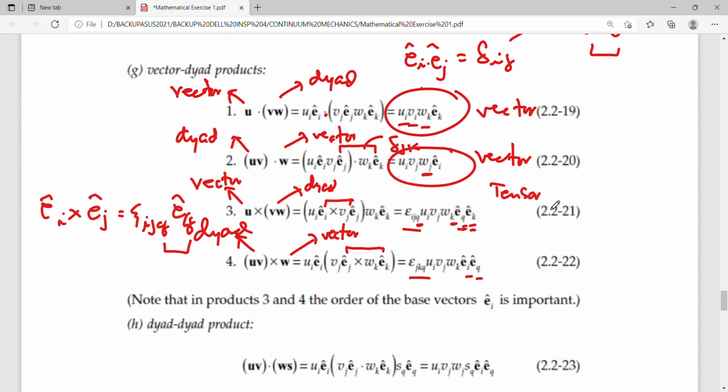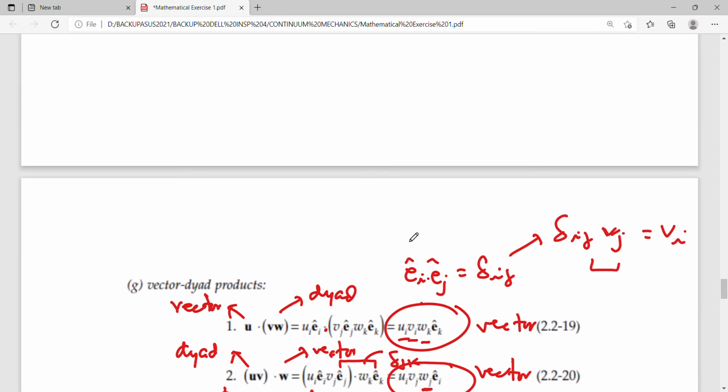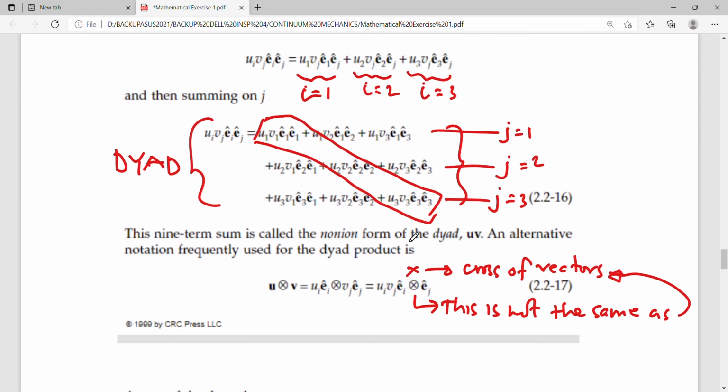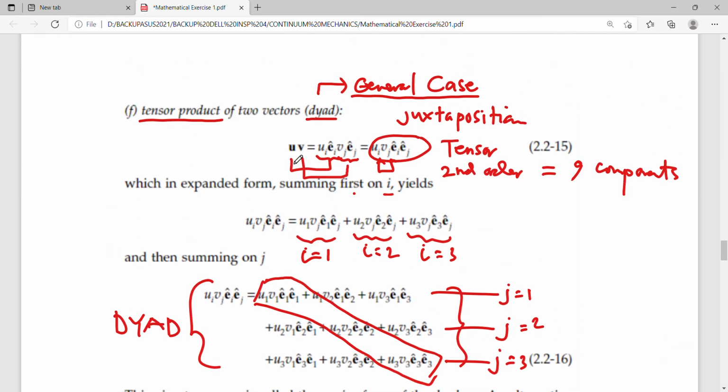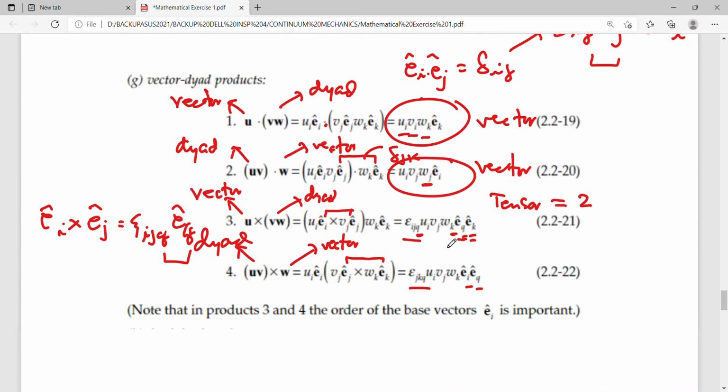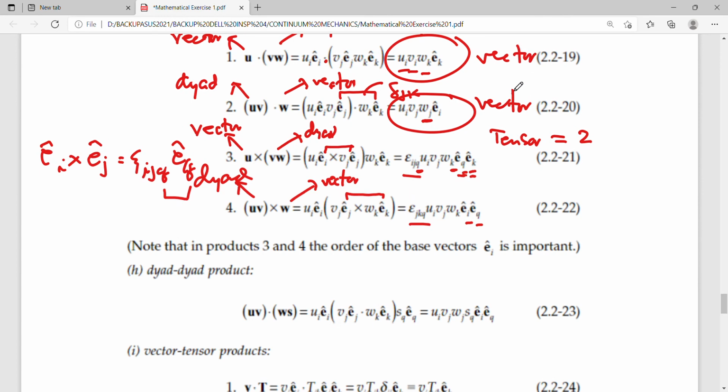If you are looking into the order of the tensor, this is a tensor of order 2. Okay? But again, you cannot call this a tensor because as defined here, a UV with two directions, okay, is simply referred to as a dyad. So your resulting value here, vector, but here, the more appropriate term is that this is a dyad. So is true with this one.